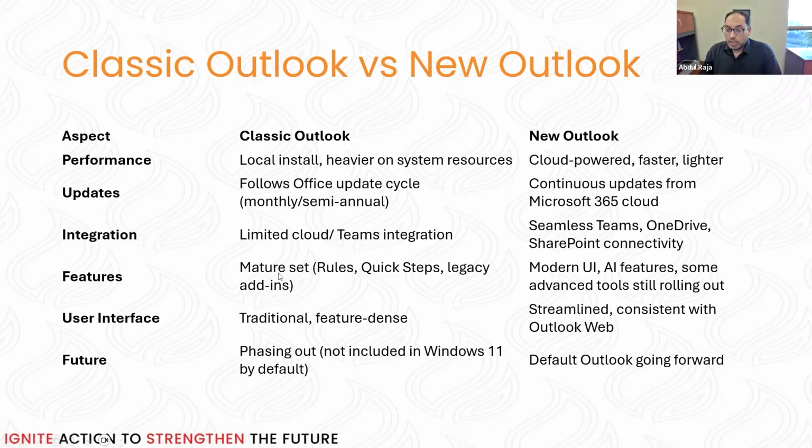Features are pretty mature in the classic Outlook, and this is a modern user interface. The AI features are there in the new Outlook, though some advanced tools are still rolling out. The user interface in classic is traditional, but this one is streamlined and consistent with Outlook on the web.